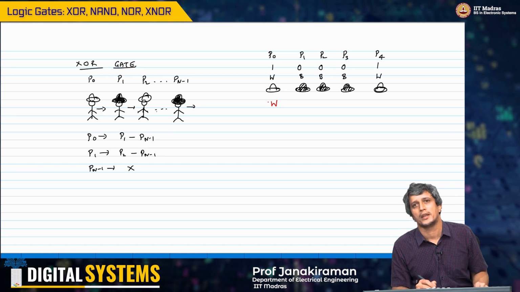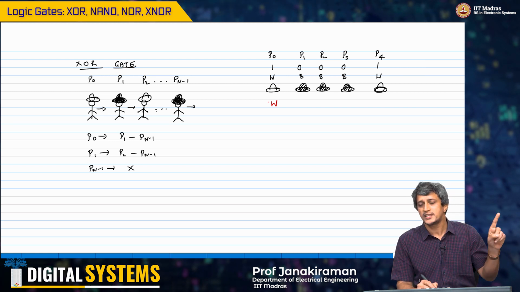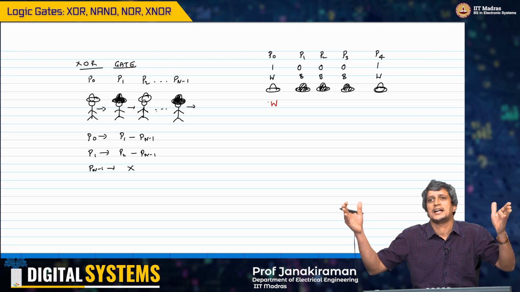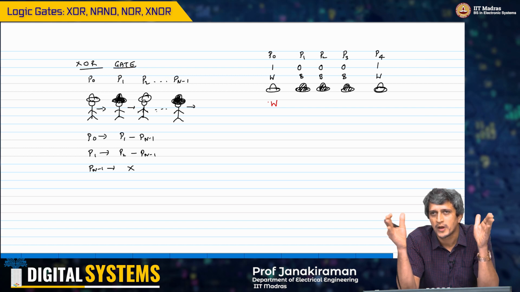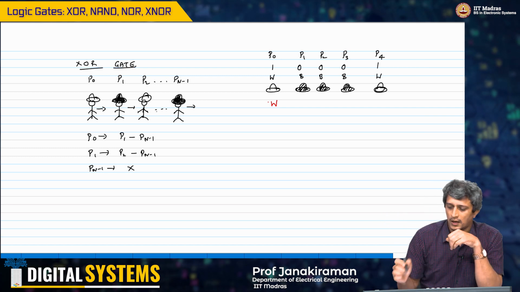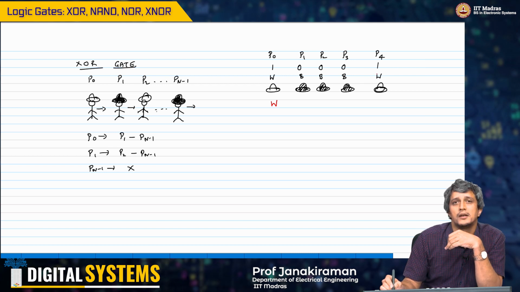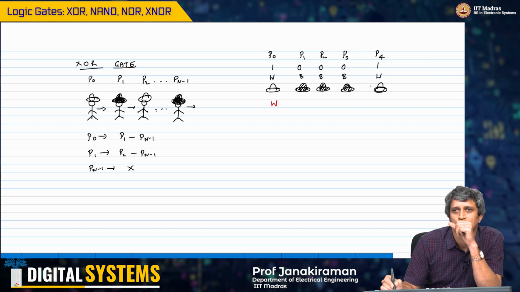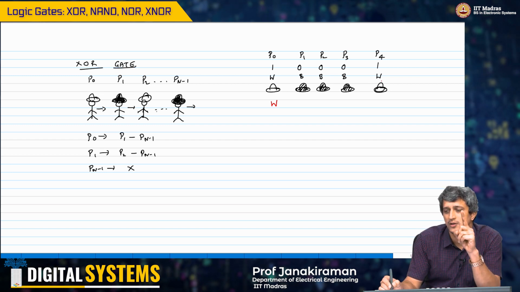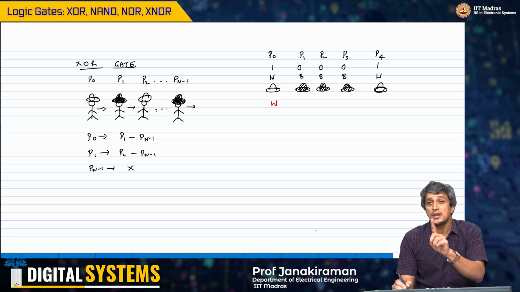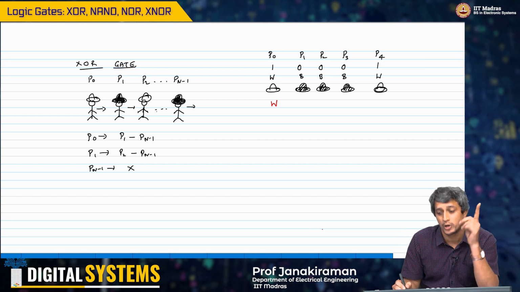Now you come to P1. Okay. P1 knows that P0 has seen an odd number of hats, okay, in front of him or her. P1 can then see there is only one white hat, right? P1 is able to see there is only one hat. P1 also knows that P0 saw an odd number of hats, because he shouted white.